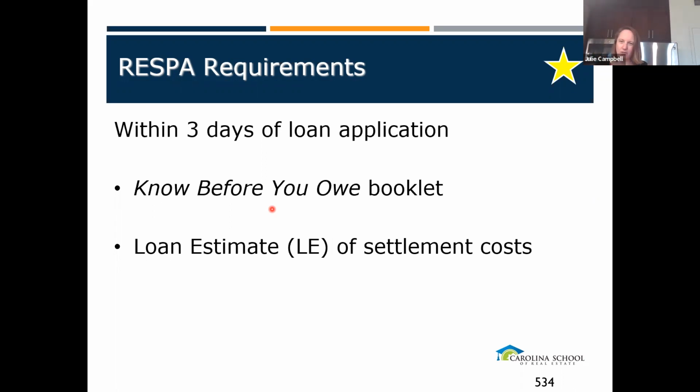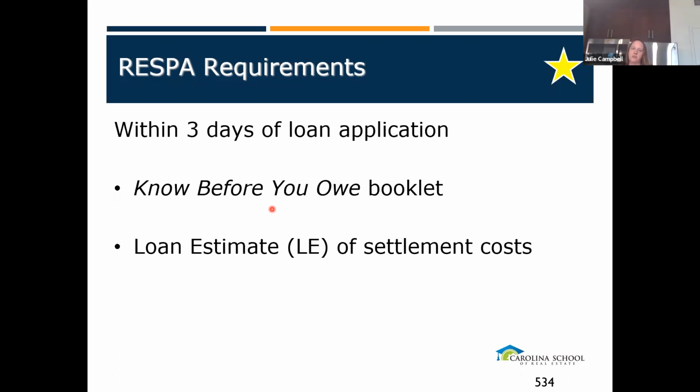Does that make sense? This is huge. So if they have a question about the loan costs or any of the escrow amounts, they can ask well before they close. And this is what we're doing. We're educating the consumer. More information about the loan is on page 537. Again, just to give us an idea of this loan estimate. So everybody have that written down: 3 days of loan application.